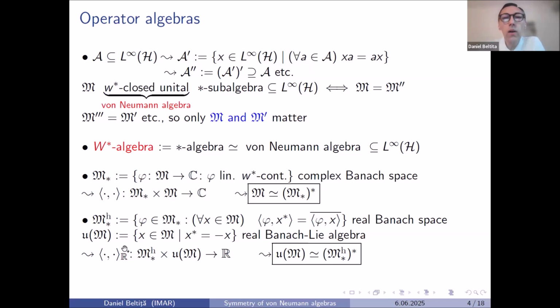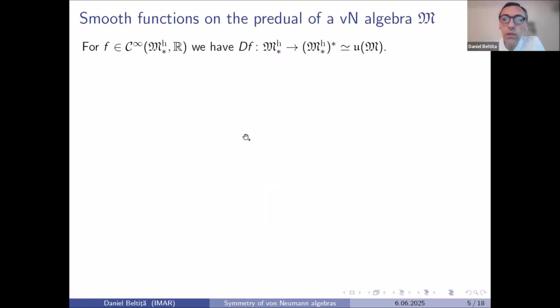Now there comes the first piece of symmetry that goes beyond this basic symmetry between M and M prime. And this is encoded in the space of smooth functions on the predual. I say on the predual for the sake of brevity, but actually we work on the Hermitian part of the predual. So for every smooth real-valued function on this real Banach space, we have its differential in the sense of Fréchet differential calculus.